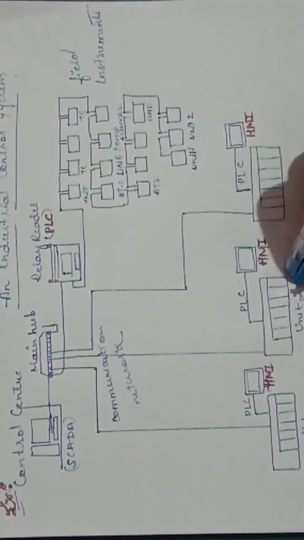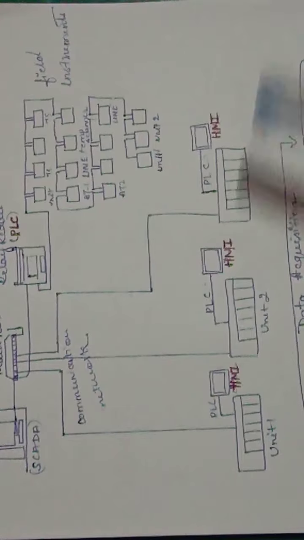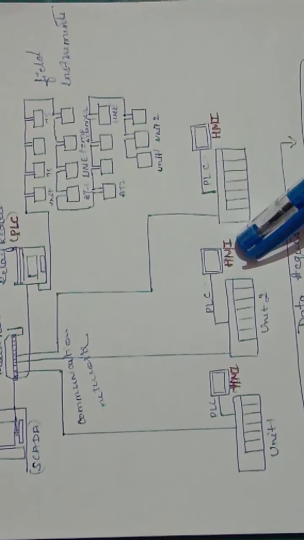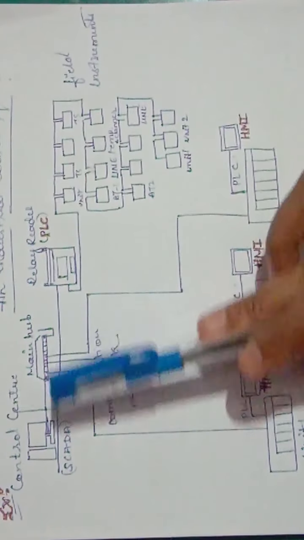Also you have remote terminal units, or RTUs, and in RTUs you can have either a human interface or a PLC. All these units will be connected to the main hub, and this will be controlled by your SCADA.